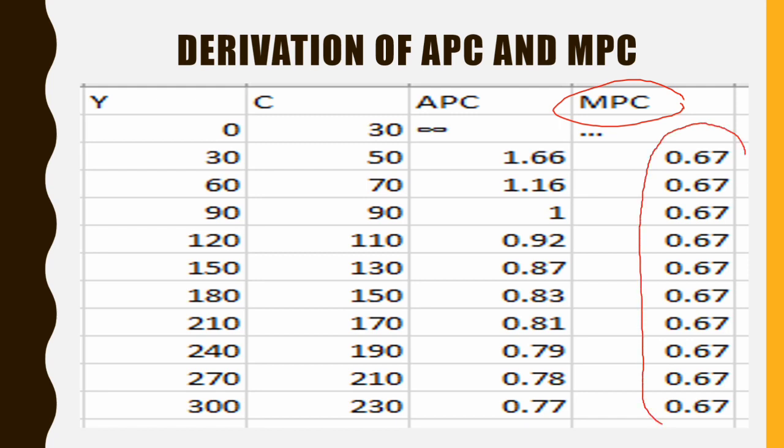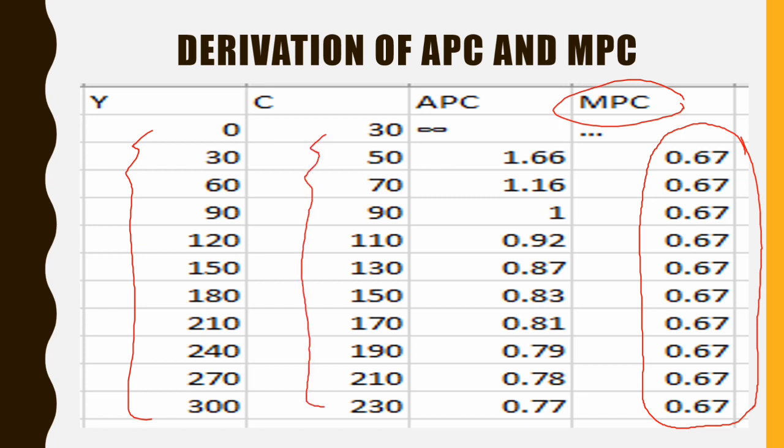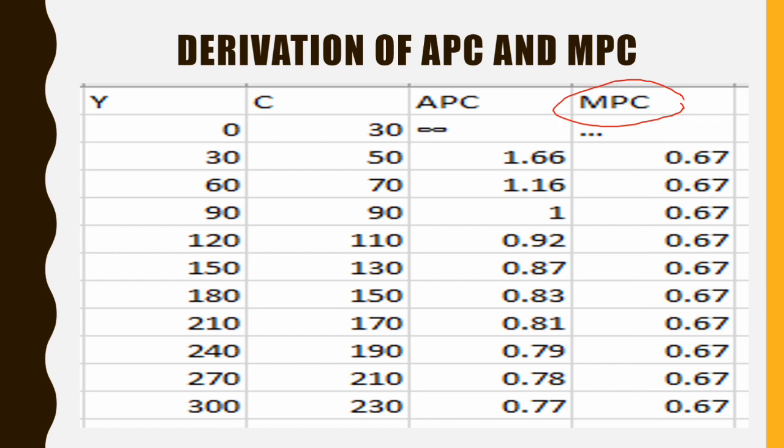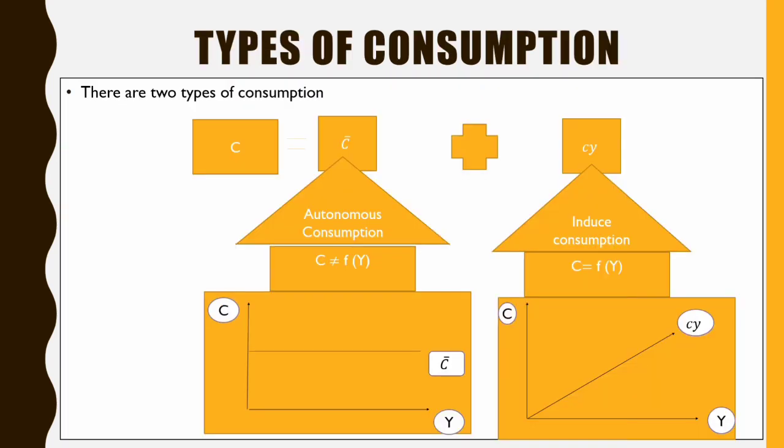As we have taken the same changes in income and consumption, we get the same value against all the entries of income and consumption, that is 0.67. How can we interpret these results? We can say that a 100% change in income brings a 67% change in consumption.